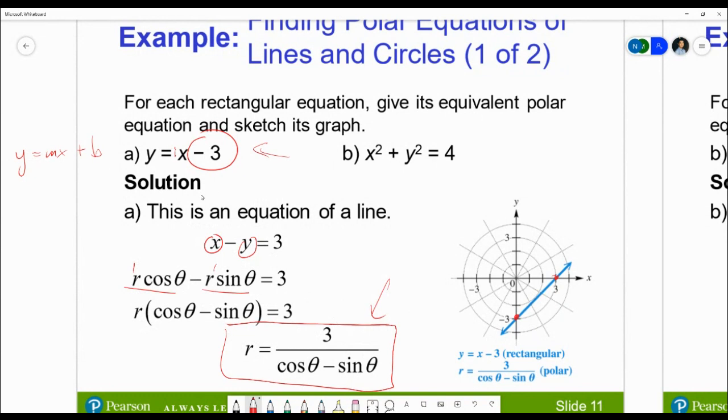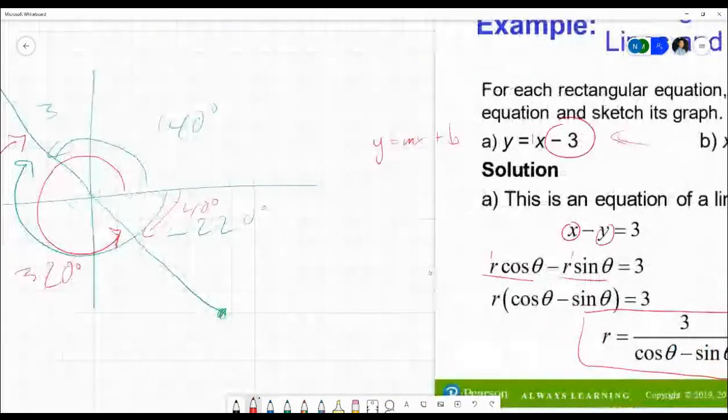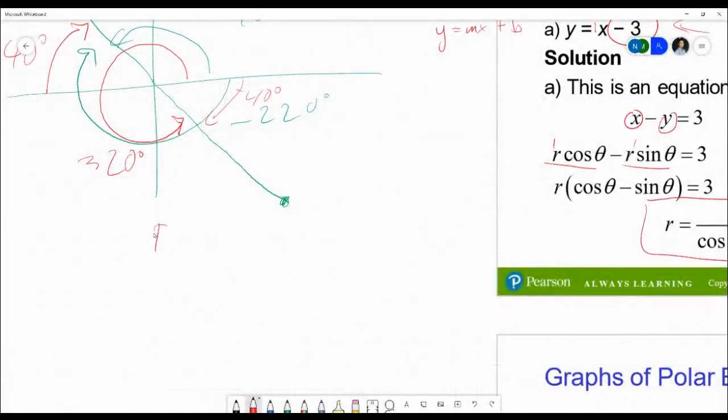So the polar coordinate system is not really used for lines. Let's write that here. Polar coordinate is not great at graphing lines.